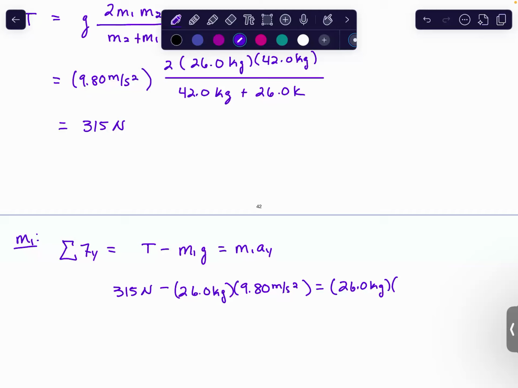And then a was 2.31 meters per second squared. And when you use your calculator, you get right at 60 newtons equals 60 newtons. Yes.